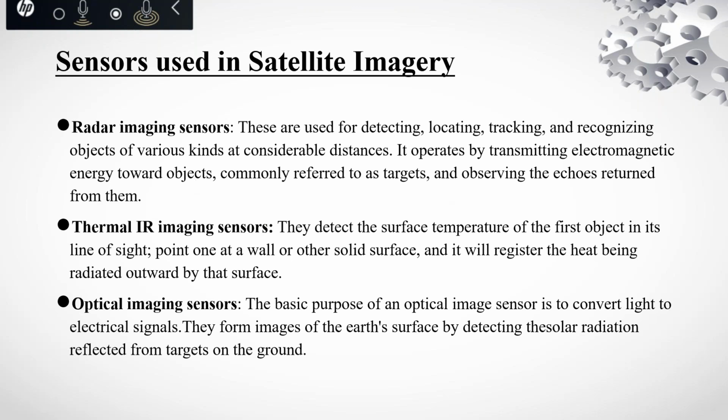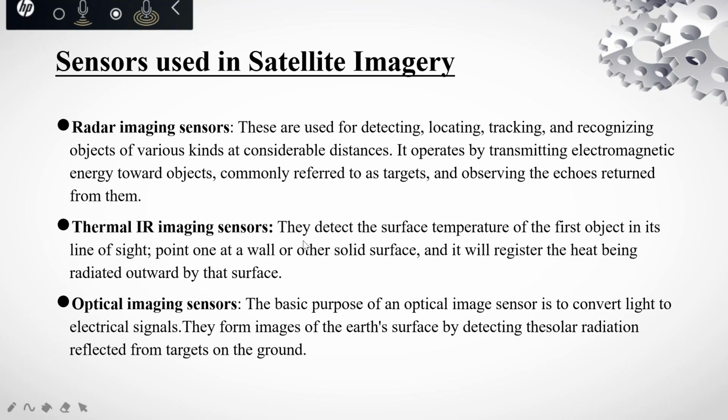So it basically transmits the electromagnetic radiation, and the radiation which is reflected back from the object is used to generate images by the radar imaging sensors. It also uses the echoes returning from them.